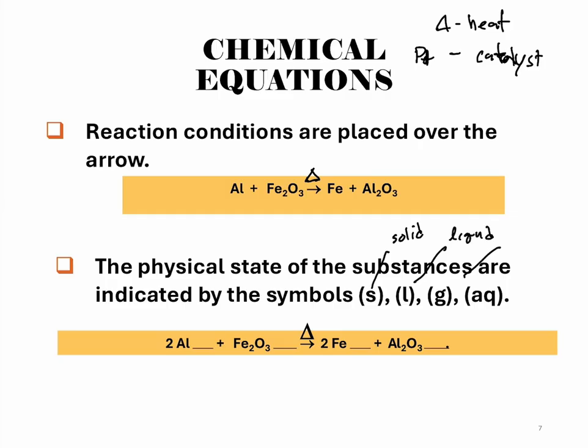G is gas. And does anyone remember what aq is? Aqueous, right? That just means that you're dissolved in a water solution. So let's say this is aqueous, this is solid, aqueous, and then this is solid as well. Those represent the physical state in that reaction.